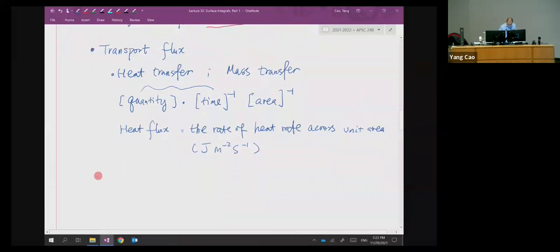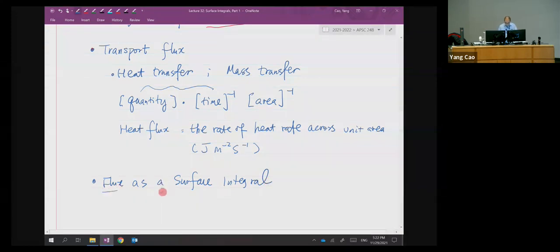And that's physics. Now in this class, we're dealing with a mathematical description here, not just specifically certain physical phenomena. So in this class, we're looking at the flux as a surface integral, and the result of that, we call it a flux.